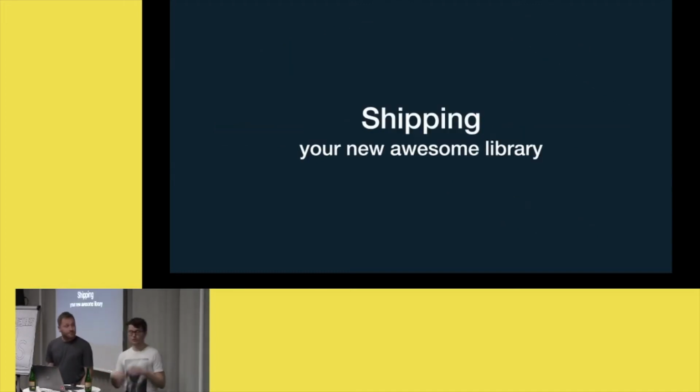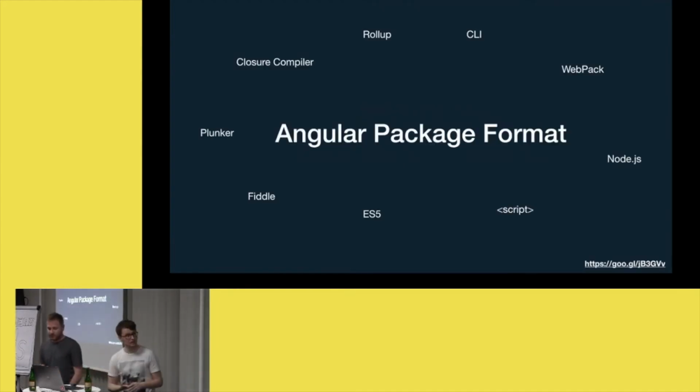And you also don't even know in which surrounding ecosystem your app might be running. And that's why you have to ship your Angular library in a certain way. And there is an Angular package format Google document by the Angular core team, which describes all the necessary files, all the necessary ECMAScript modules and flat ECMAScript modules that you have to ship to be independent of the ecosystem where your components are running.